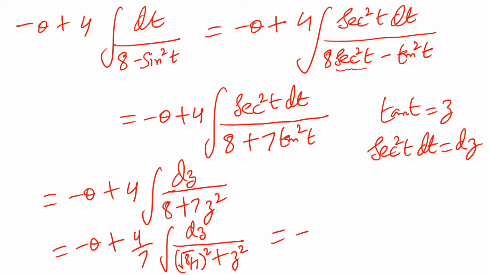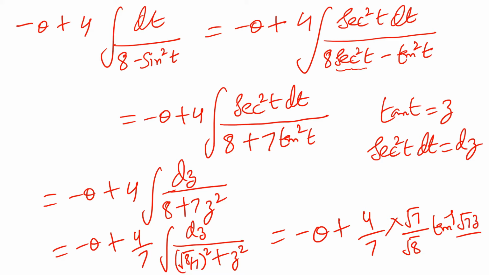So that means this can be written as minus theta plus 4 by 7. 1 upon a means root 7 upon root 8 into tan inverse z upon root 8 by root 7. Fine. So it becomes root 7 into z upon root 8 plus c. Fine. Now we move further.